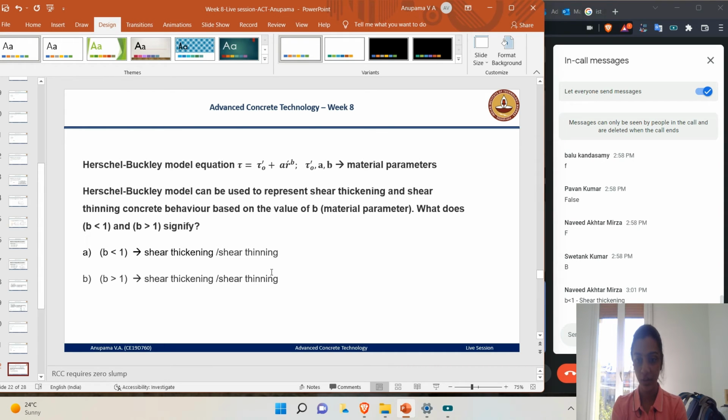Okay, Naveed, thank you. So B greater than 1 has to be shear thinning according to you. Okay. Balu says the opposite. B less than 1 is shear thinning. A is shear thinning and B is shear thickening. Okay.